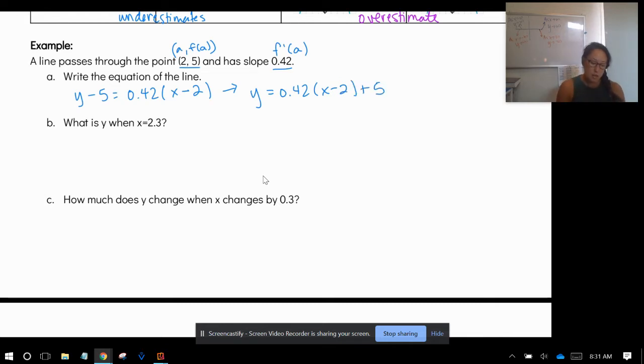Then we're going to see what y is when x is equal to 2.3. So 2.3 is reasonably close to 2, so we're going to use the tangent line at 2 to estimate the value at 2.3. So I'm going to say y minus 5 is equal to 0.42 times our B value, 2.3 minus 2.